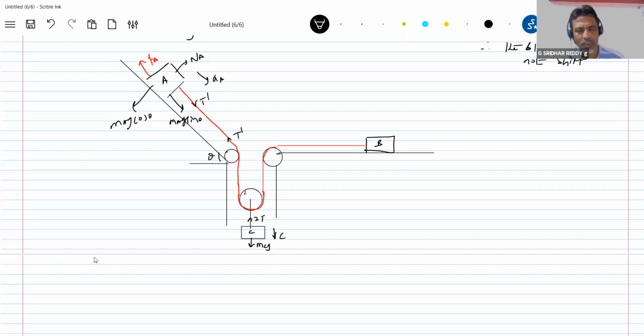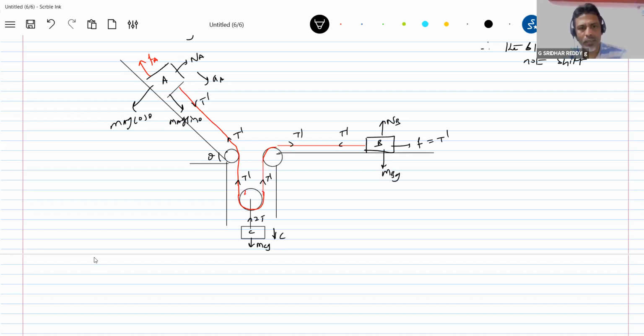I'll call it T dash. This will be some other tension T dash, which I don't know. Static friction equals T dash.